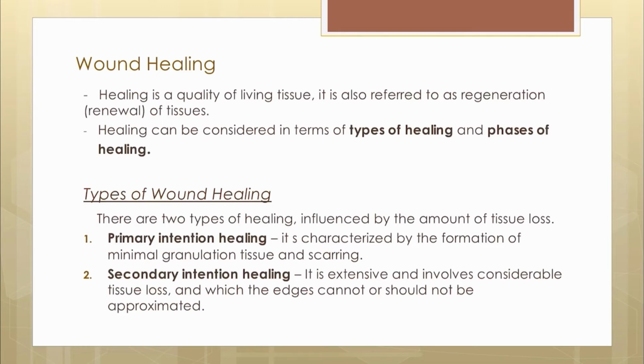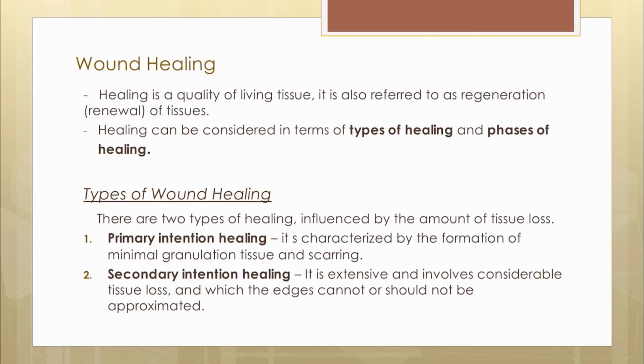First, primary intention healing occurs where the tissue surfaces have been approximated or closed and there is minimal or no tissue loss. It is characterized by the formation of minimal granulation tissue and scarring. It is also called primary union or first intention healing. Example, closed surgical incision.